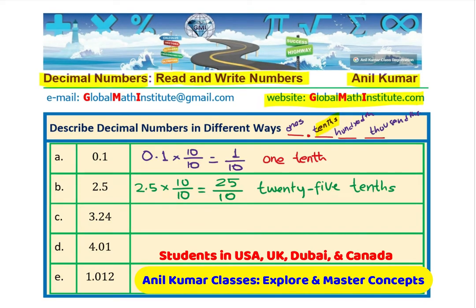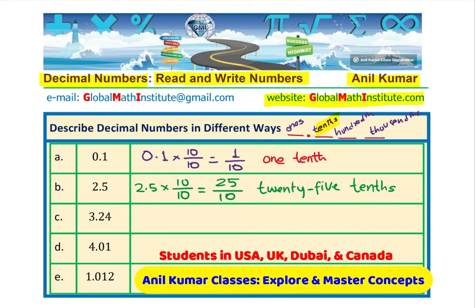Let's go back to our number series. So now we have 3.24. So reading is 3 decimal 24. We are not saying 24. We are saying 3.24. Okay. Now how will you write this number? So you have two different ways which we have just learned.